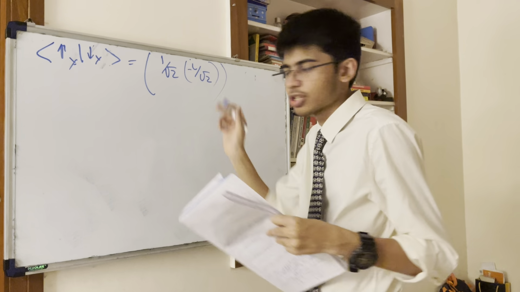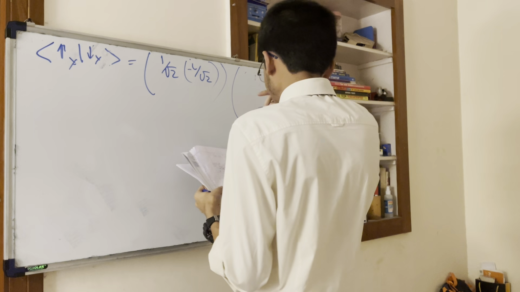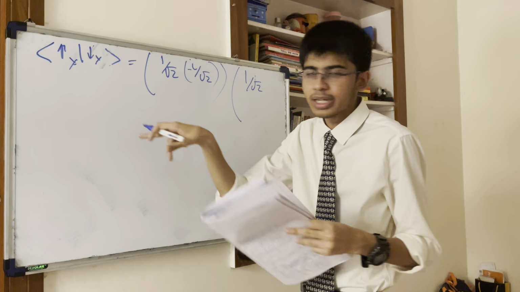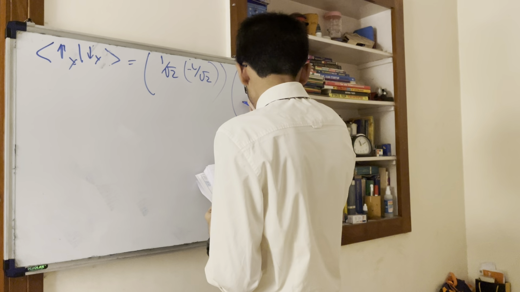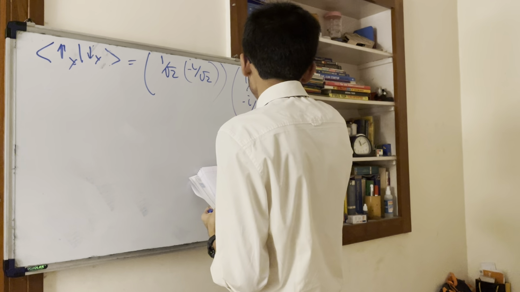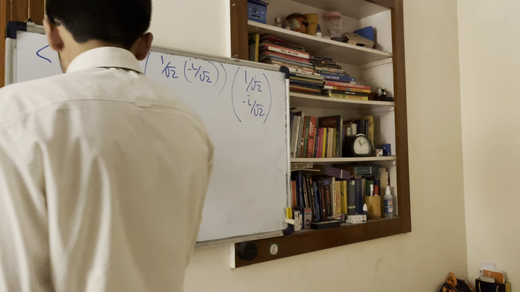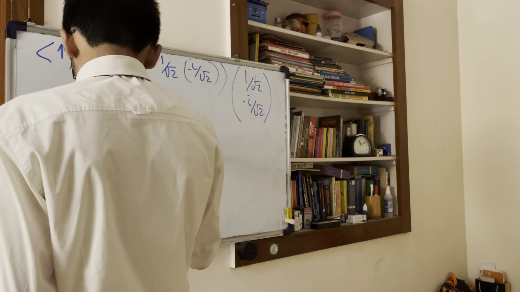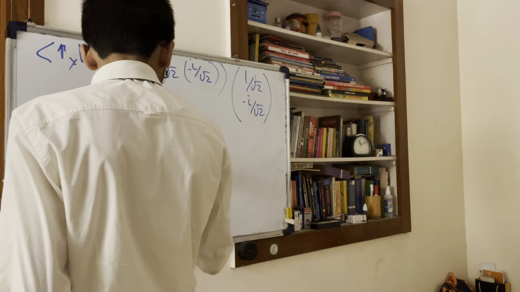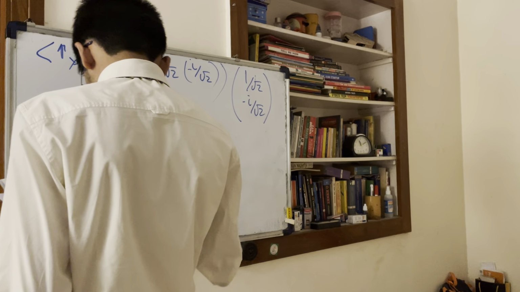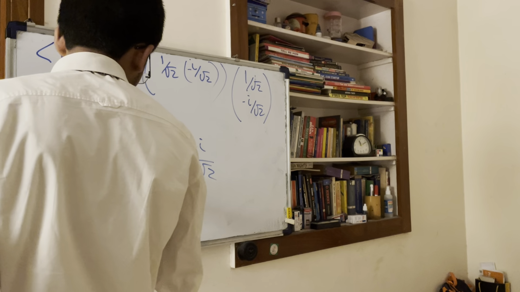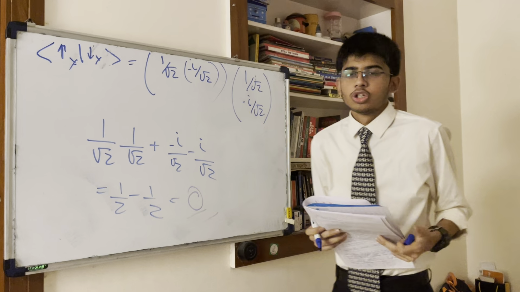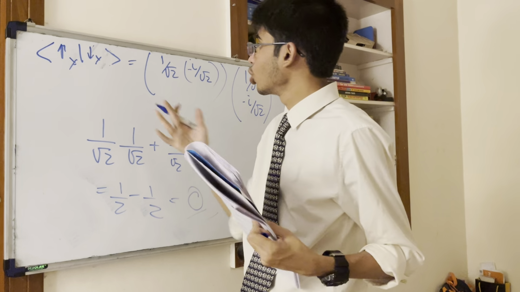This into 1 by root 2, and because it is spin down, I won't change the sign. I'll keep it as minus i by root 2. If we multiply, we'll get 1 by root 2 times 1 by root 2 plus minus i by root 2 times minus i by root 2, which gives me half minus half, which is 0.